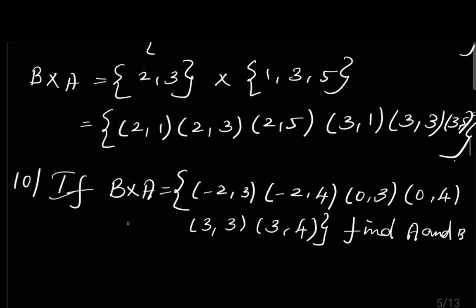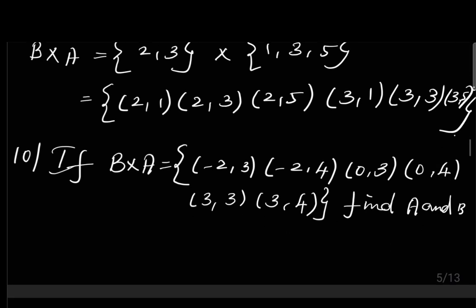See the sum. B cross A is given as (minus 2, 3), (minus 2, 4), (0, 3), (0, 4), (3, 3), (3, 4). Find A and B. See, this is an often repeated question. It is in the first exercise, but anyway, I'll do it for you. See the set, Cartesian product B cross A, so B is the first set. So, in the ordered pair, the first elements are from the set B. So, first you collect the first elements.